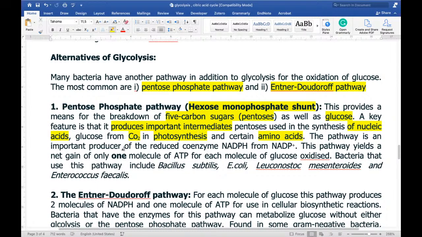The pathway is an important producer of reduced coenzyme NADPH from NADP+. This pathway yields a net gain of 1 molecule of ATP from each molecule of glucose oxidized.